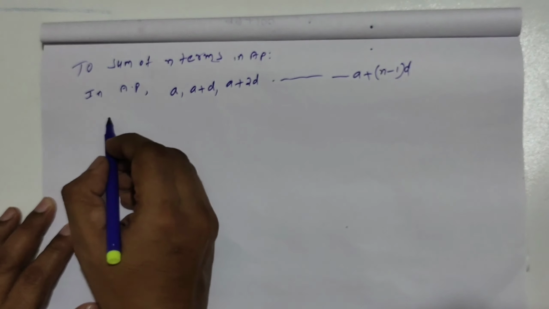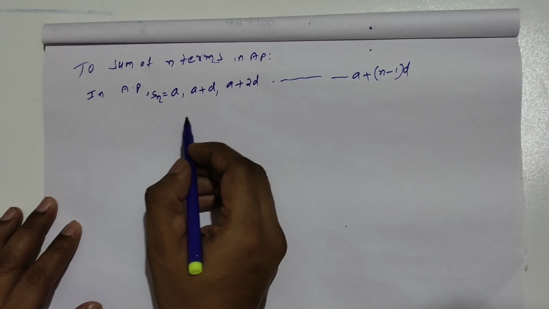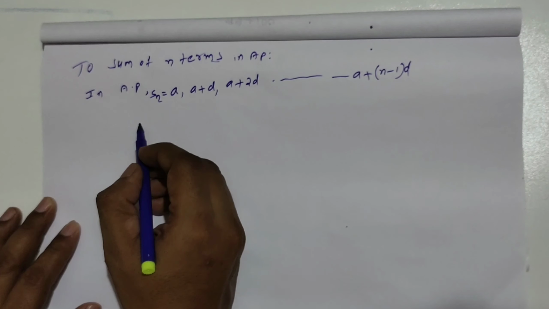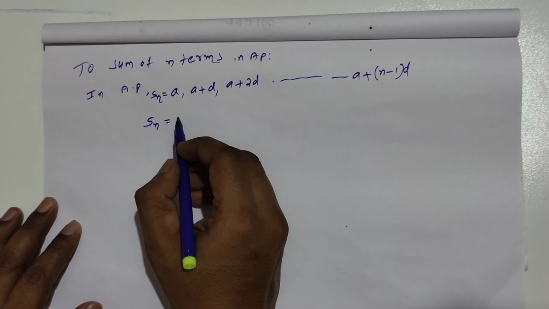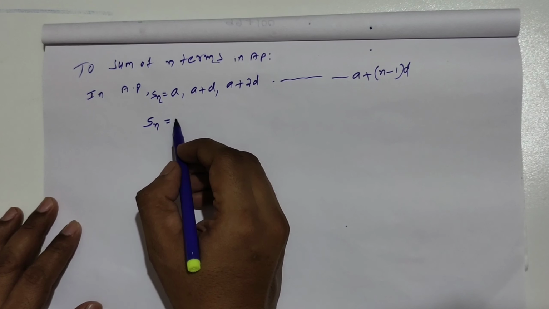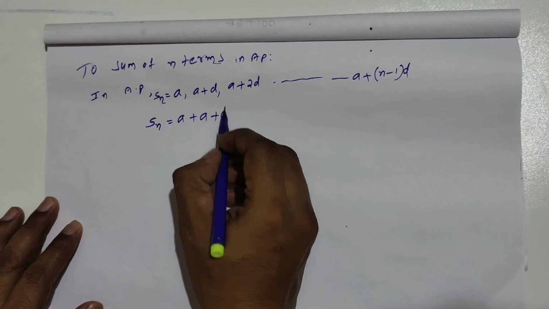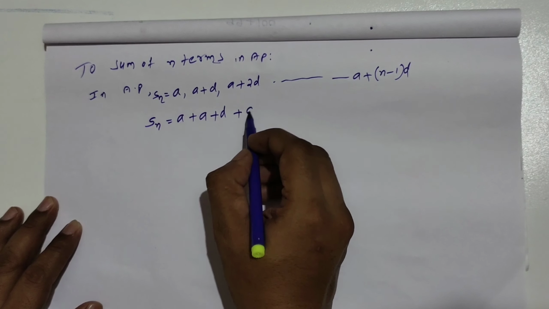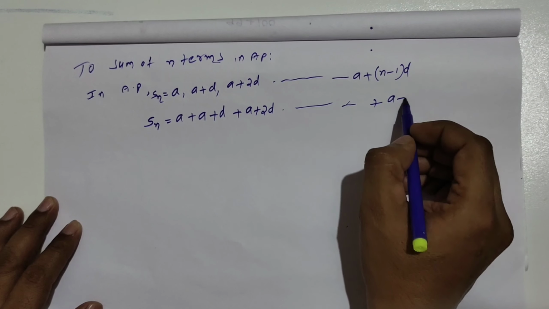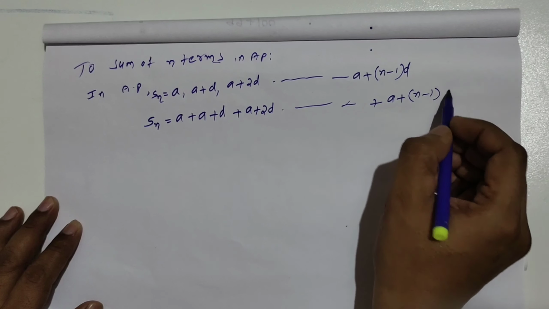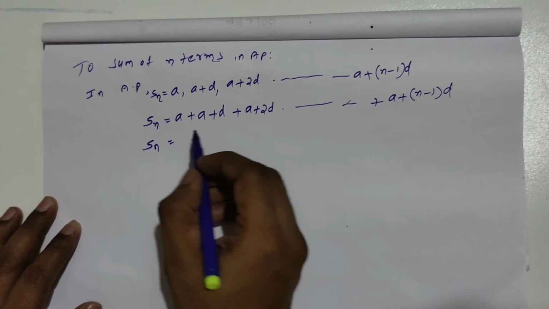Let the sum be Sn. First we write the sum in straight order: Sn is equal to a plus a plus d plus a plus 2d, and so on, up to a plus n minus 1 into d. Then take the same sum in reverse order.